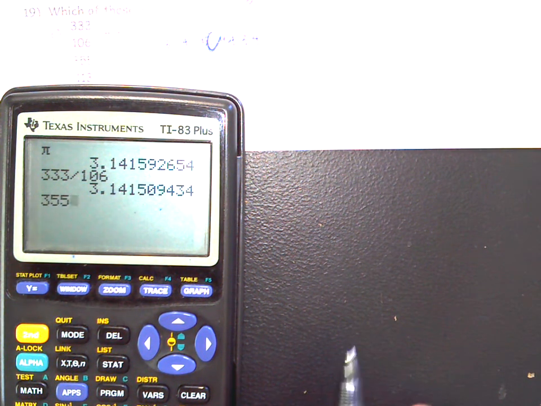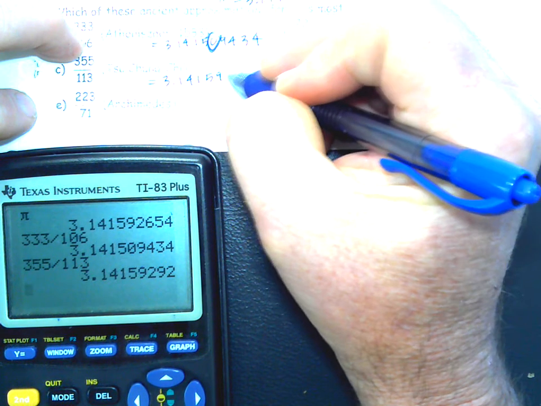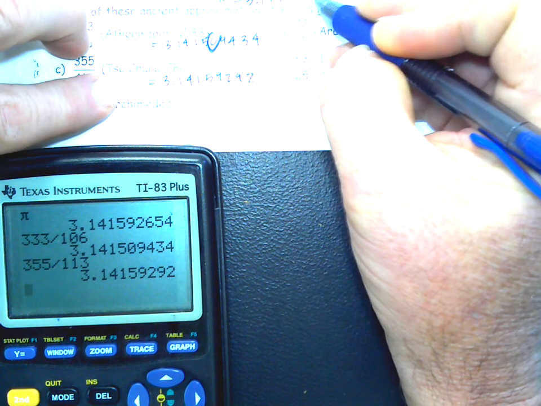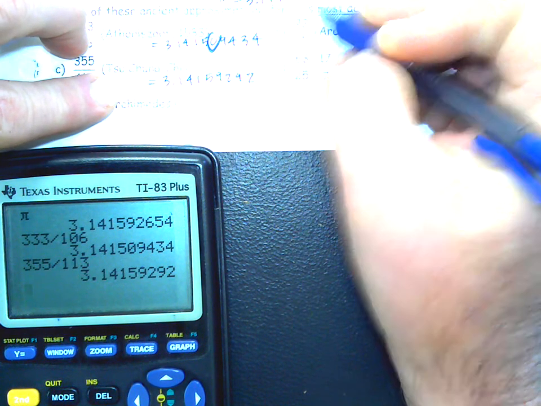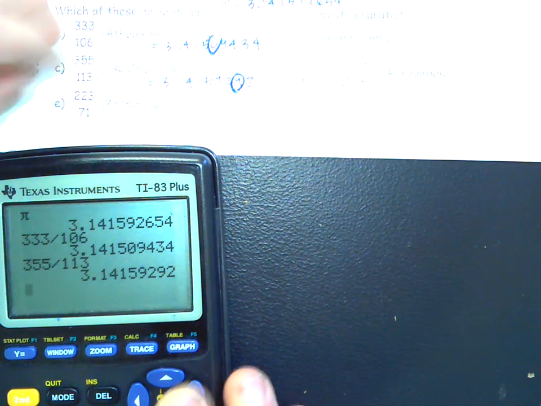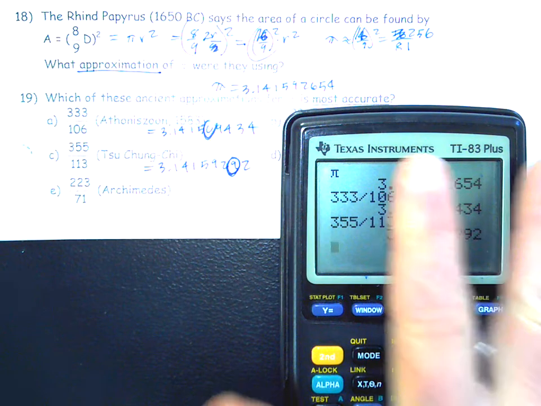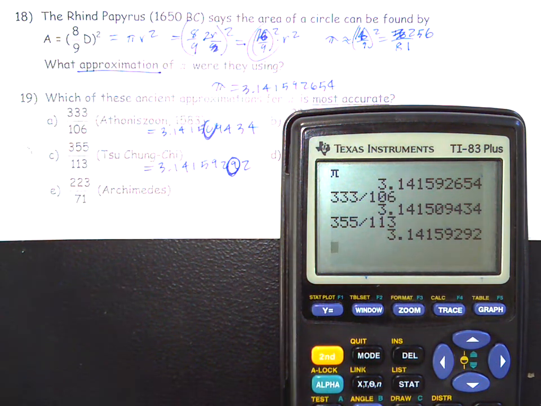And so we could do that for each of these. 355 divided by 113 is 3.141599292. And so it first goes away from it right here, it looks like. So that one's better than the last one. So these are all different estimates that civilizations and mathematicians were coming up with for pi.